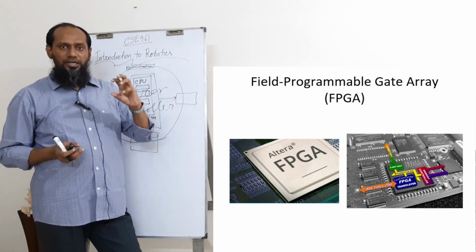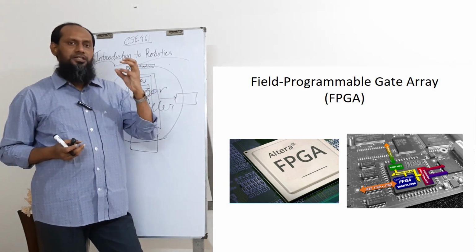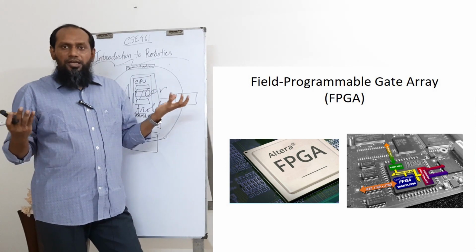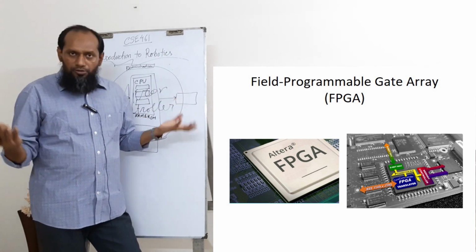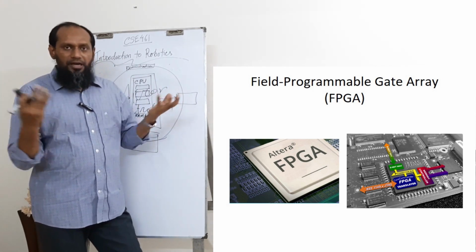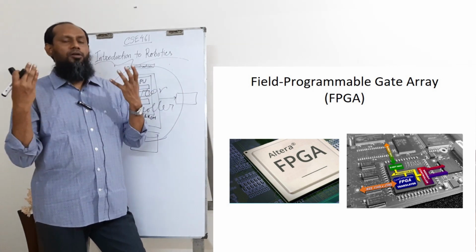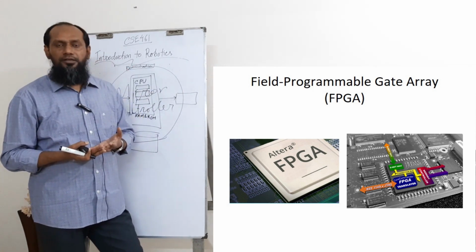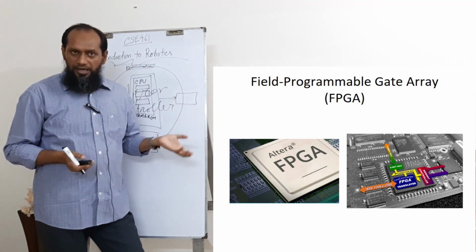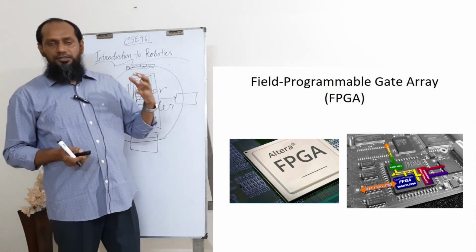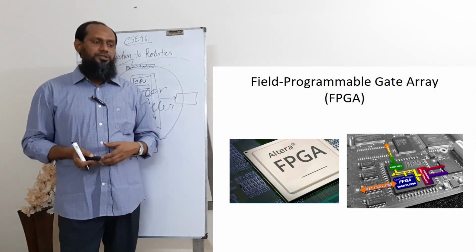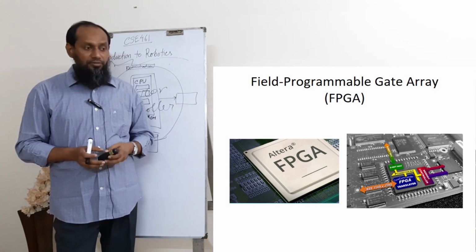Okay, so this is a universal circuit or universal chip where any of our logic control or logic circuit can be implemented. Okay, this is a bit complicated. Okay, but still in some devices FPGA is used. Okay, now single board computer.